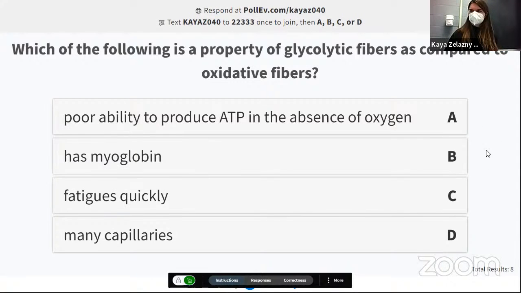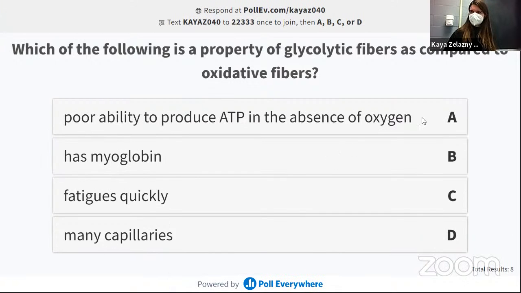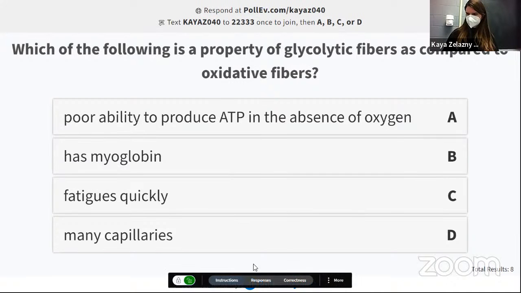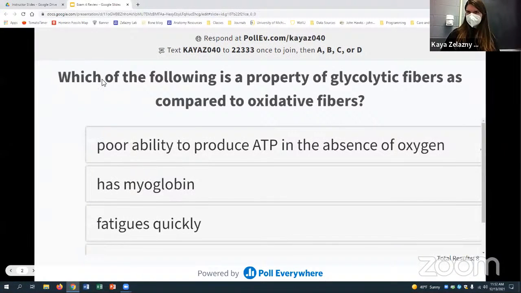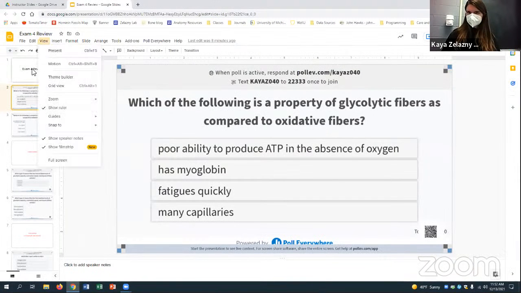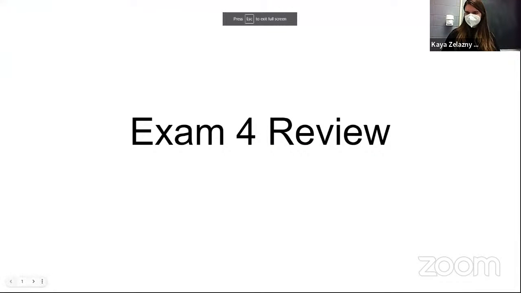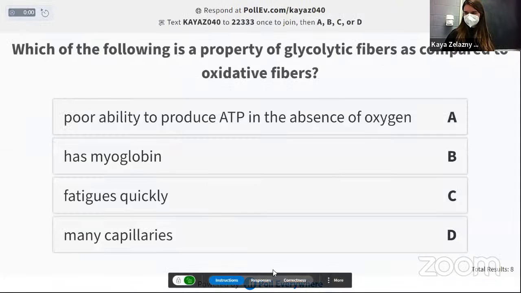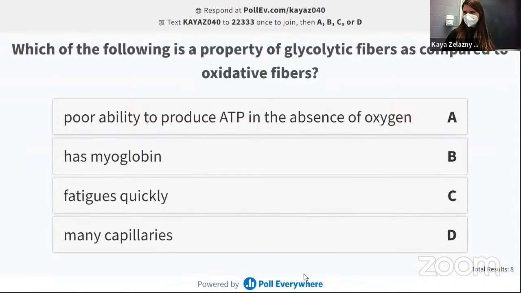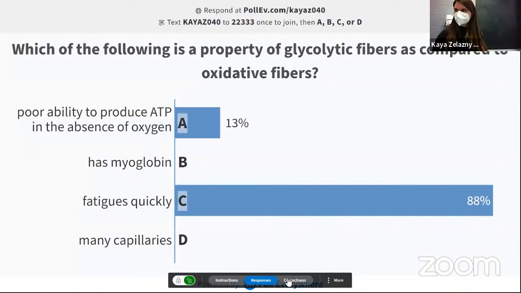All right, so let's take a look. One of our comparisons that we're making is whether we are thinking about glycolytic fibers versus oxidative fibers. Okay, how did we do?